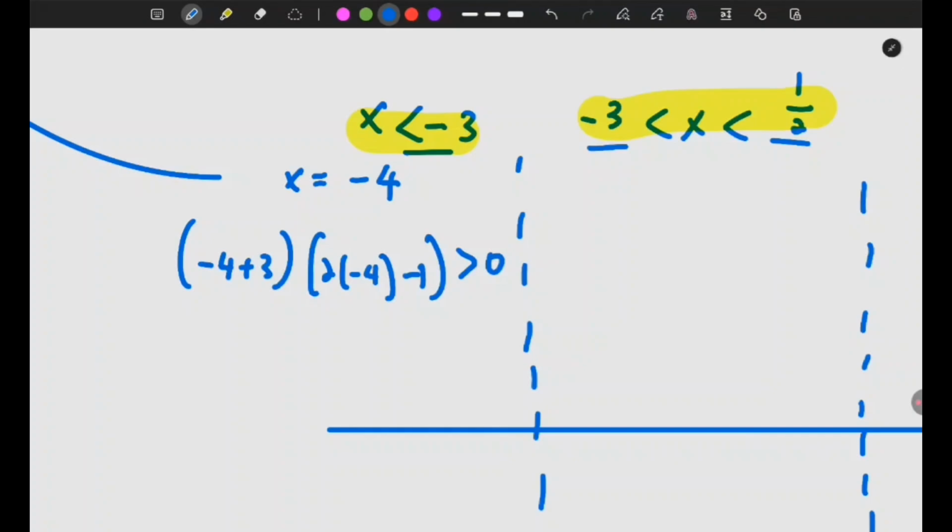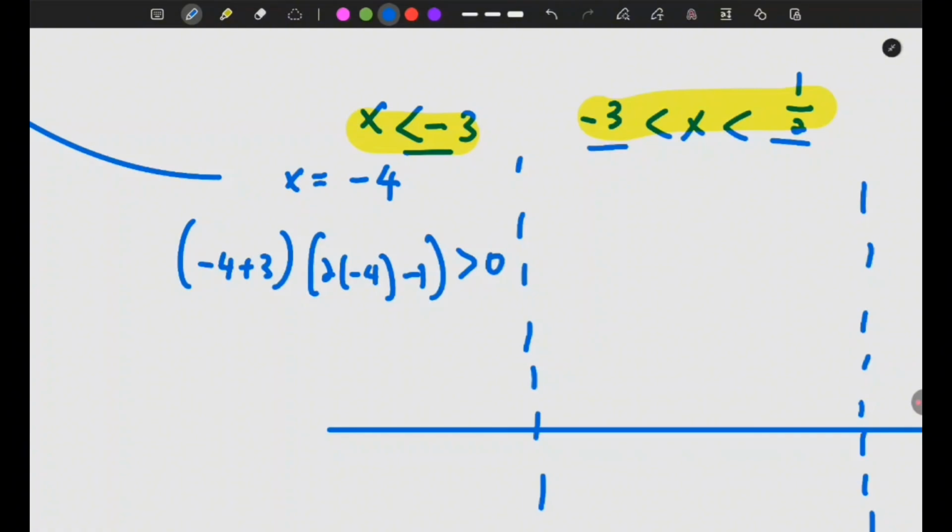Negative 8 minus 1 is negative 9. So you're getting negative 9. Negative 9 times negative 1 is positive 9, isn't it? So you get the positive answer.